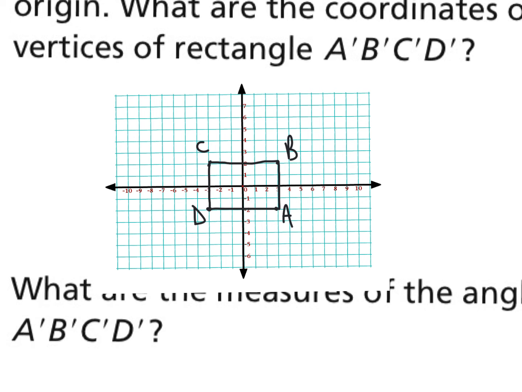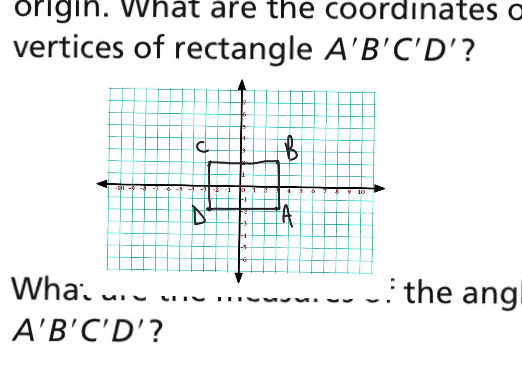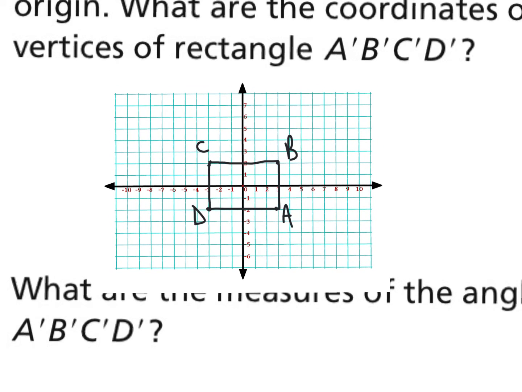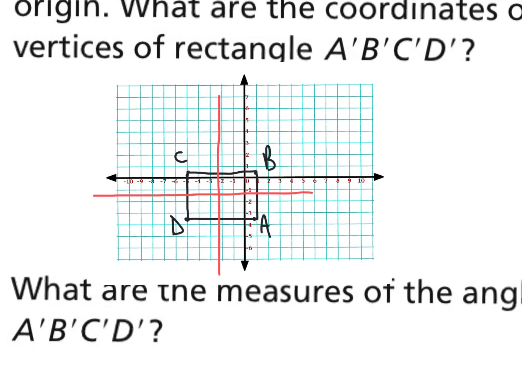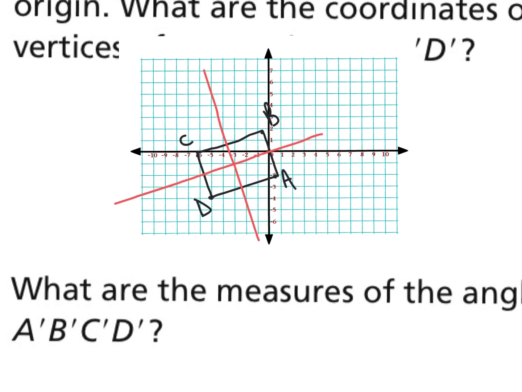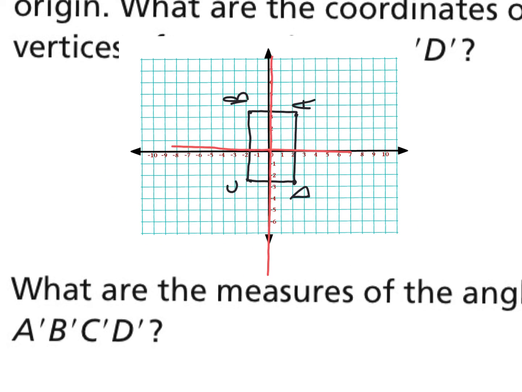And then if we rotate it 90 degrees, that's going to be counterclockwise. So if we rotate this 90 degrees, counterclockwise is going this way. And then we could just say what our new coordinates are.